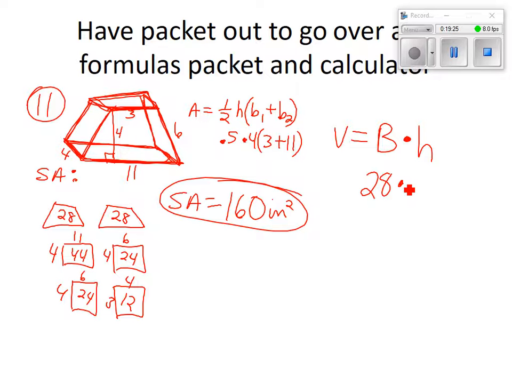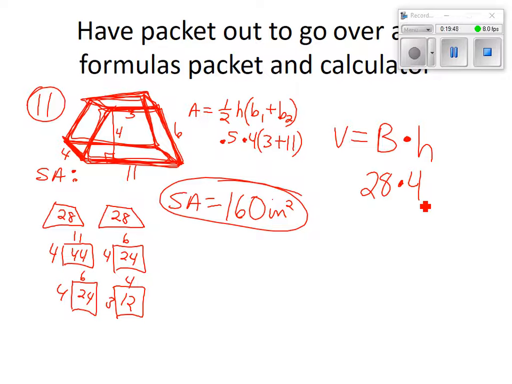Stop and think for a minute, how do you find the height of a prism? You lay it on its side and go up. So what is it? 4. It's the distance between this trapezoid base and the other trapezoid. It's that distance. You've got to be able to find that.